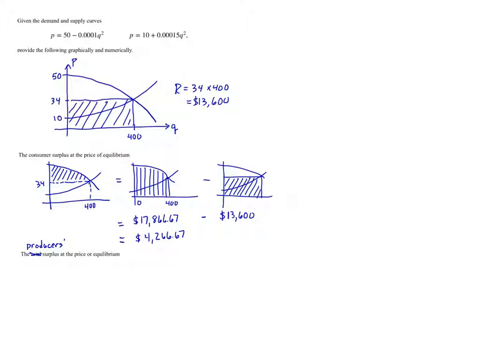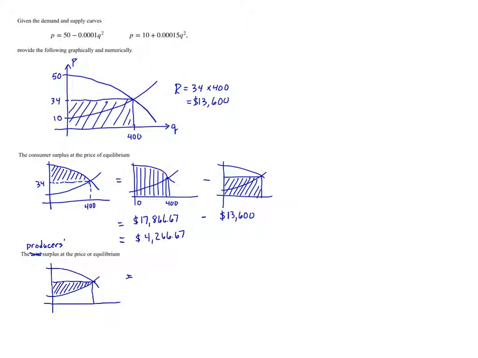Next, we turn to the producer's surplus, and we'll give a quick sketch to represent what we're going to look for in this problem. In this case, the producer surplus is this shaded area right here.